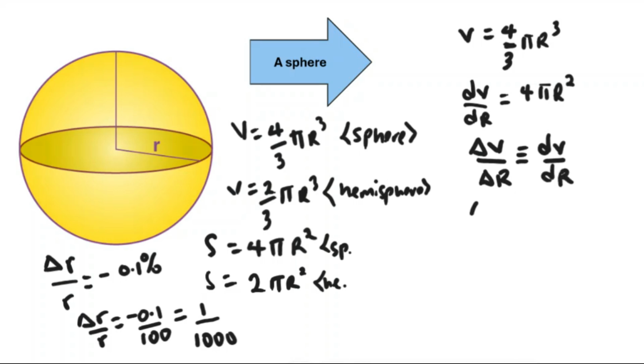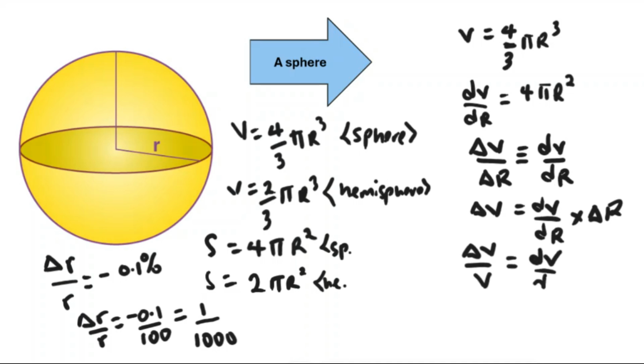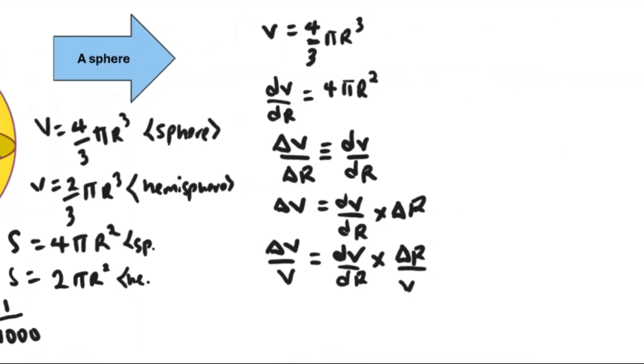Here it means that change in V will be equal to dV/dr times delta r. If you divide both sides by V, you have delta V over V is equal to dV/dr times delta r over V, because we are dividing both sides by V.